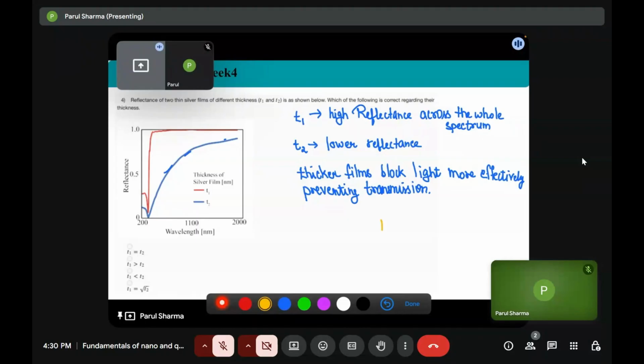Hence, T1 is greater than T2. So option B is correct.